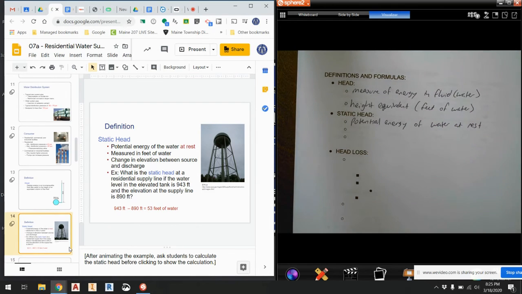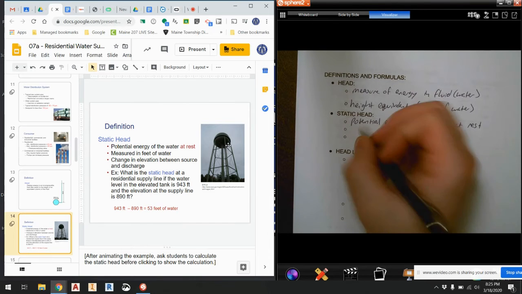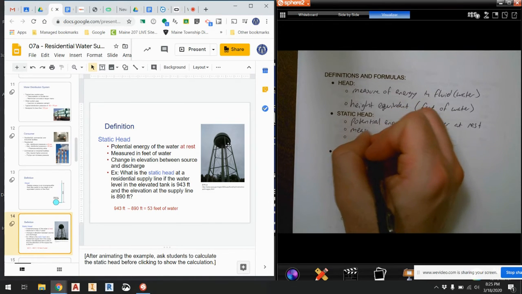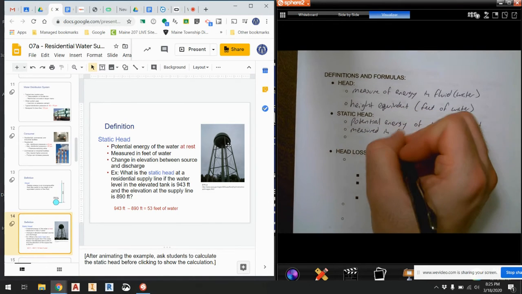All right. And so that's when you've stored your water in these large towers. If it's just sitting there, the water is static, and you have a static pressure at the bottom of this tower from how much water is sitting above it. Again, it's measured in feet.